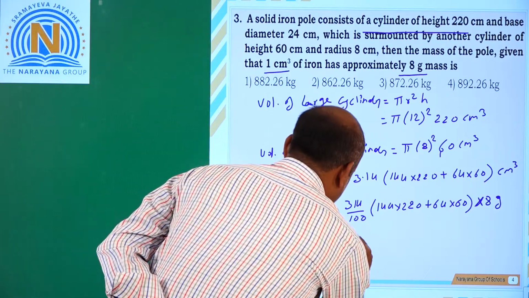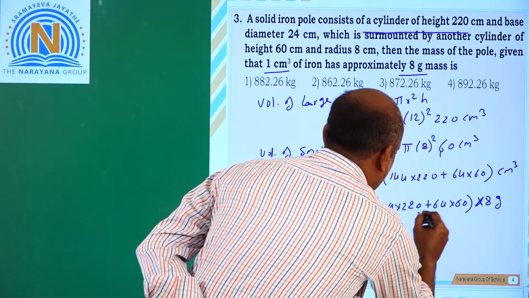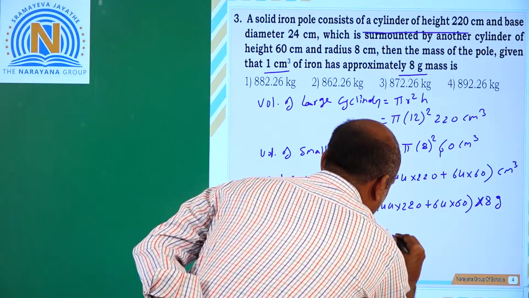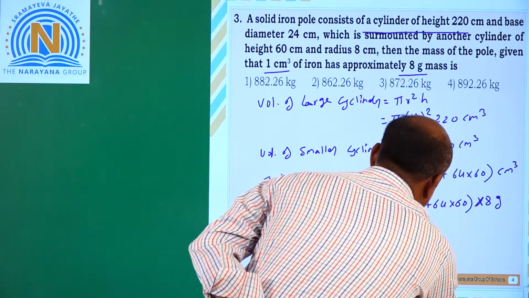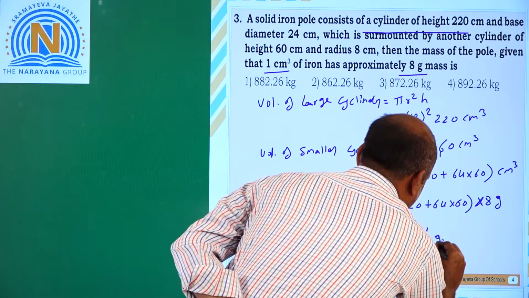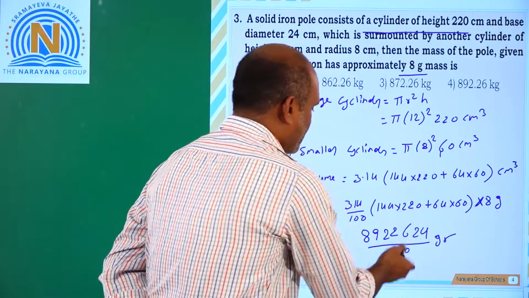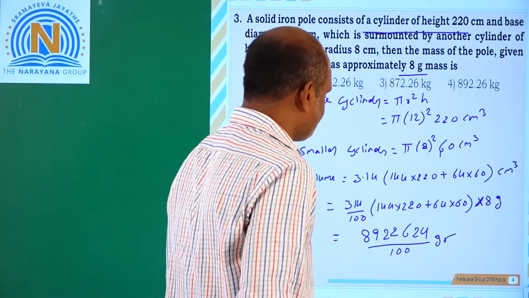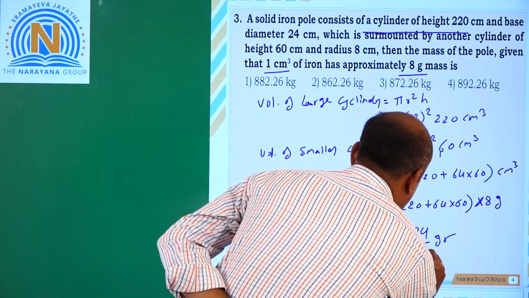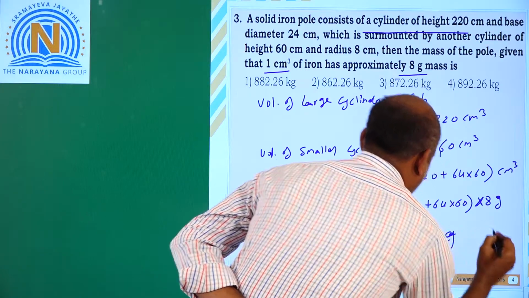If you multiply this, you get 8922 by 100 grams. Again, if you divide by 1000, you get the weight in kg.